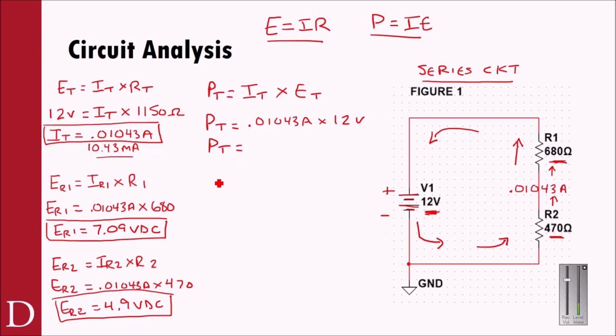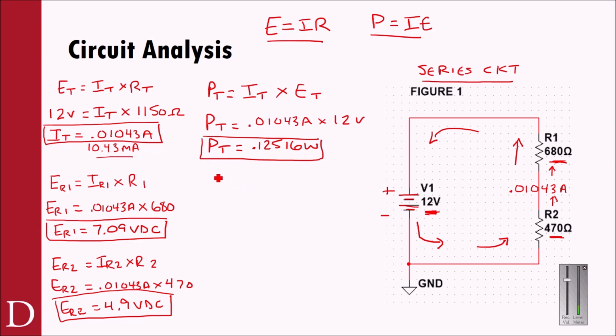And if I do that, 0.01043 times 12, I get 0.125. I'll take it out a couple of decimal places. 0.1252 watts. Okay, that's the total power consumed by the circuit.